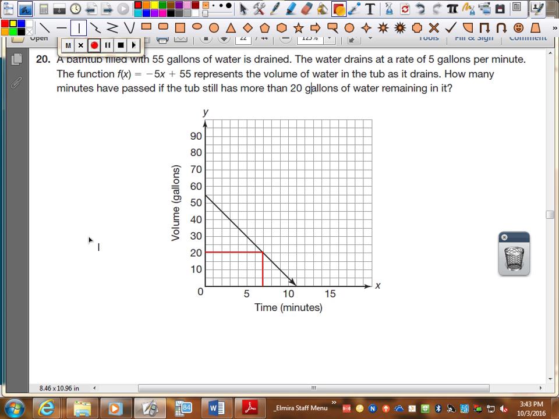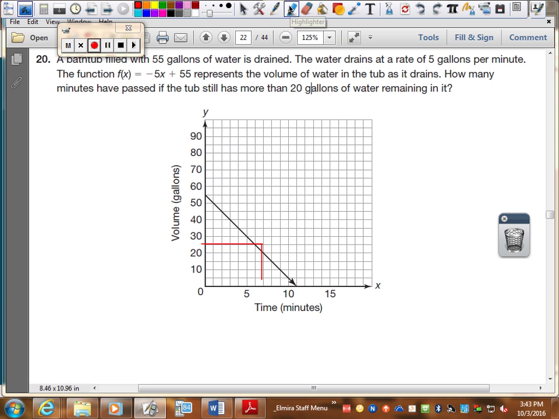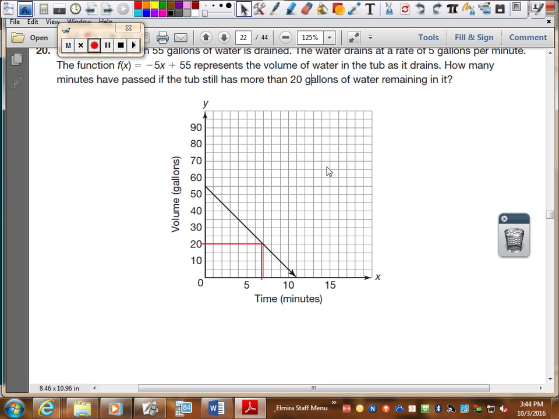Are we talking about the upper half of the graph or the lower part of the graph? And now that I've clicked out of the shape maker, it moved the thing here. Okay, so let's go back to the context of the question and really picture what's happening. The tub has more than 20 gallons in it. Okay, so here's the section of the graph that has more than 20 gallons in it.